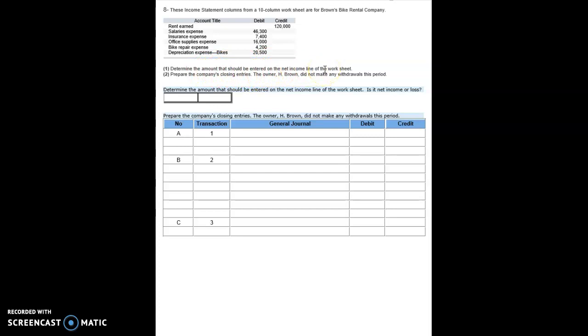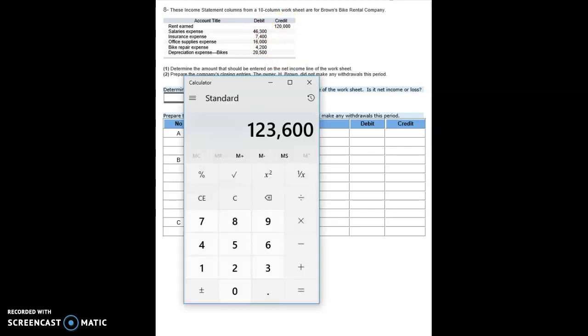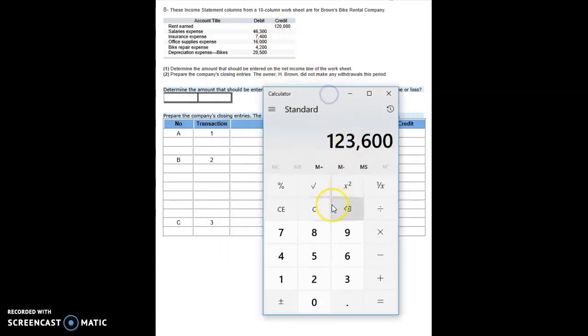So if we knew that we had expenses of these 5 accounts and we had revenue, what we want to do is calculate how much revenue minus expenses we had. So we're going to start with 120,000 revenue minus the expenses of 46,300, 7,400, 16,000, 4,200, and 20,500.